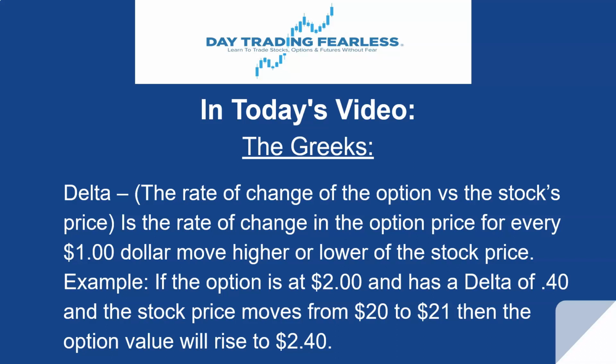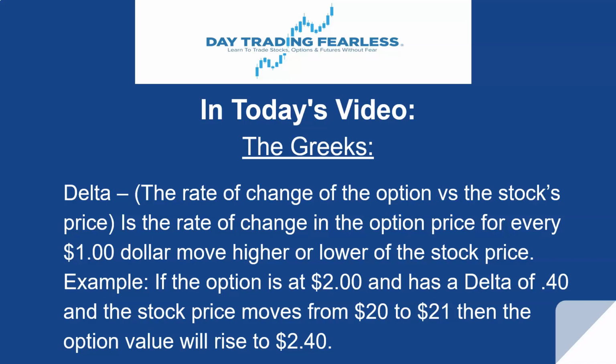So for an example, if the option is at $2, okay, this is the option pricing, and has a delta of 40, and the stock price moves from $20 to $21, then the option value will rise to $2.40. So let's kind of break this down.